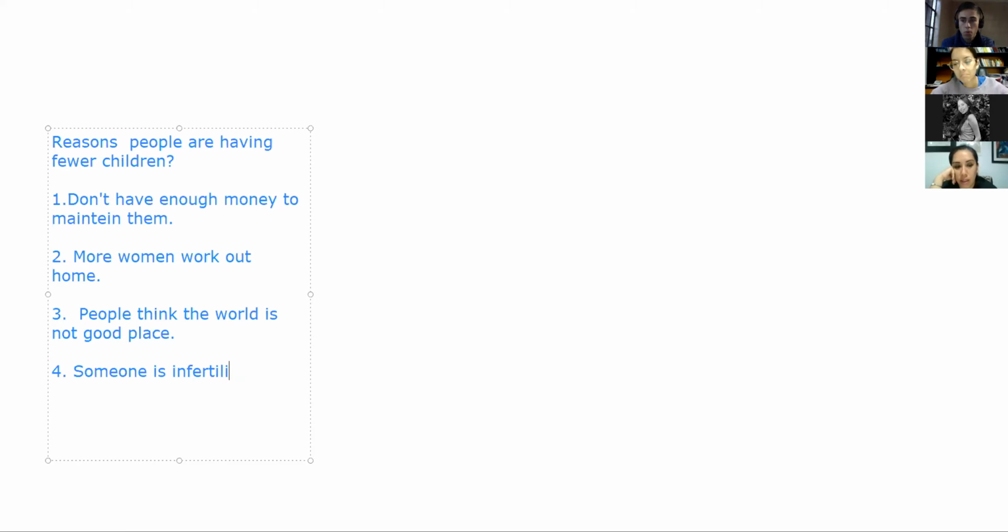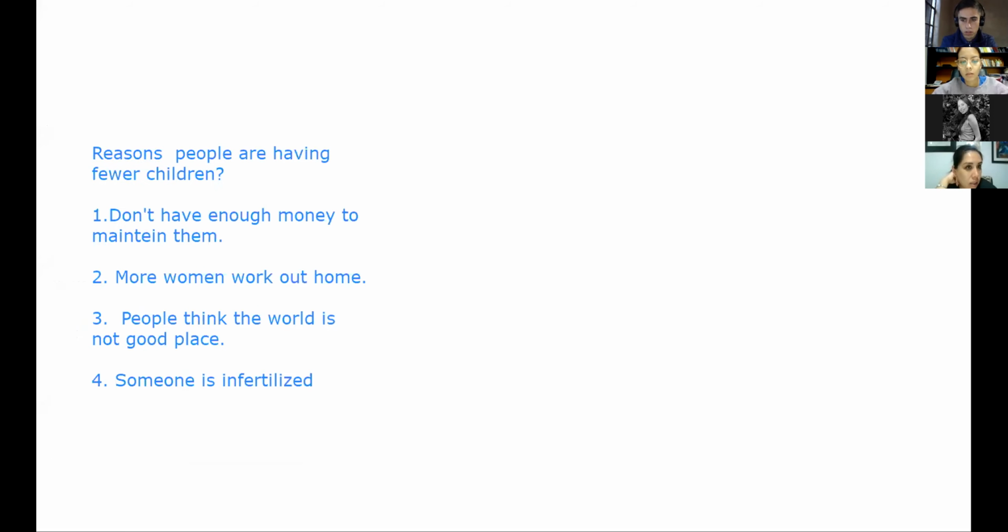Maybe families that can't have children, it's difficult to adopt them too. Adopt. But some don't want this option. I think it's only infertile.